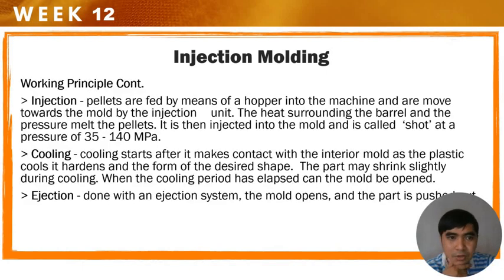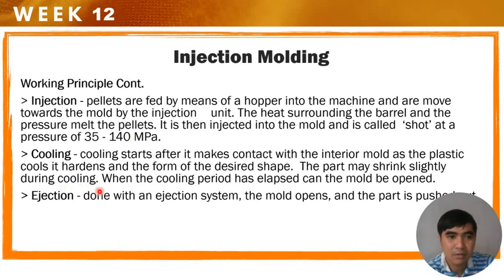Second is injection. So pellets are fed by means of a hopper into the machine and are moved towards the mold by the injection unit. So the heat surrounding the barrel and the pressure melt the pellets, for it to be injected.